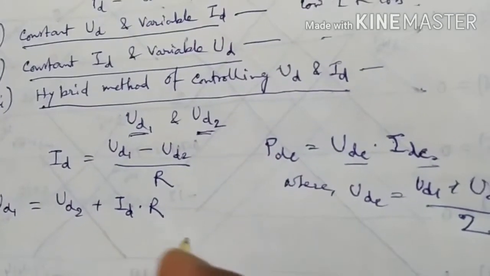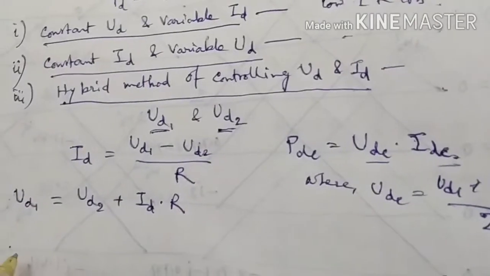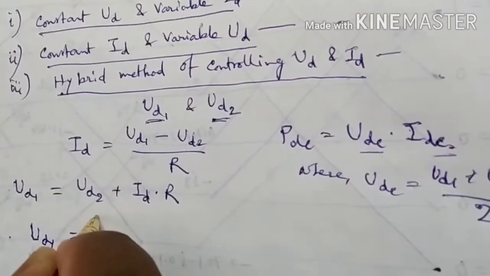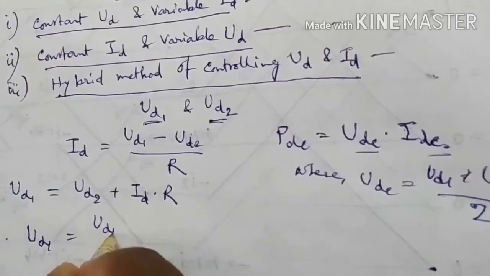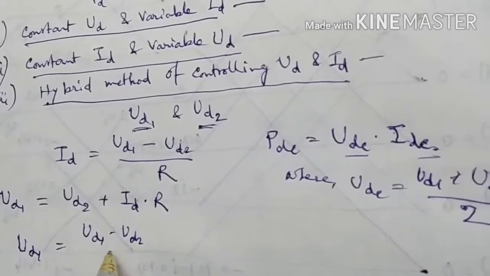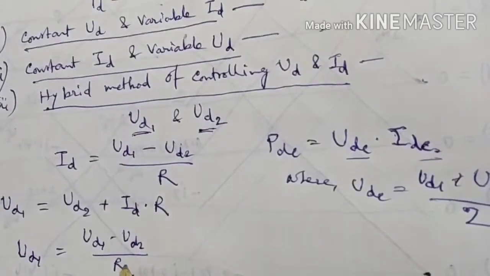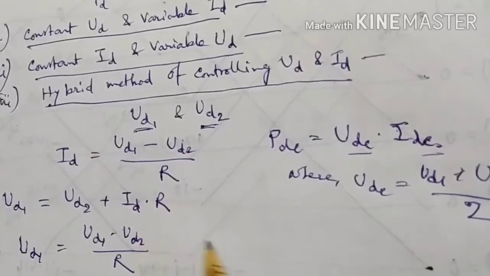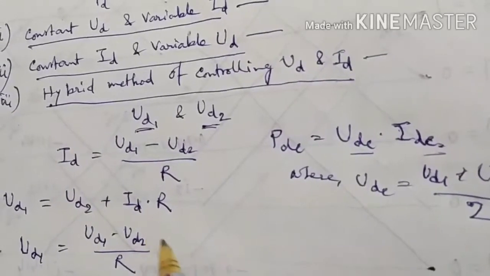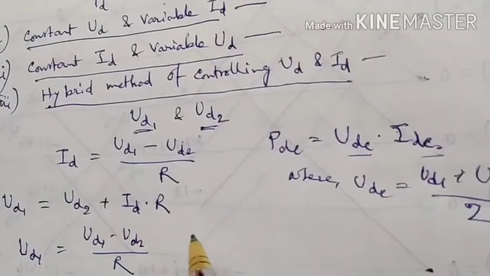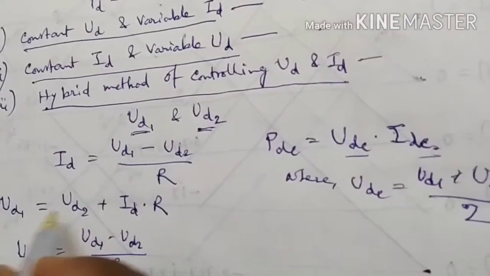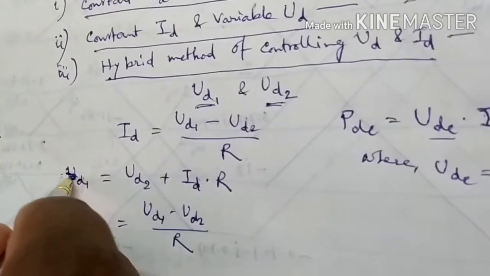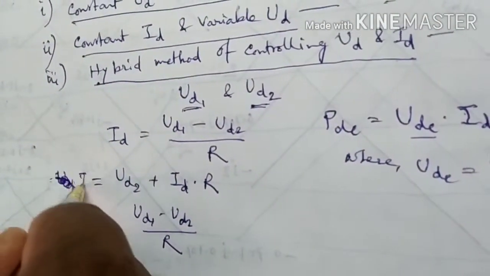So the current in the link will be like this: ID equals UD1 minus UD2 by R. This UD1 is the voltage at the rectifier end, and UD2 is the voltage at the inverter end. So ID is the current in the rectifier.